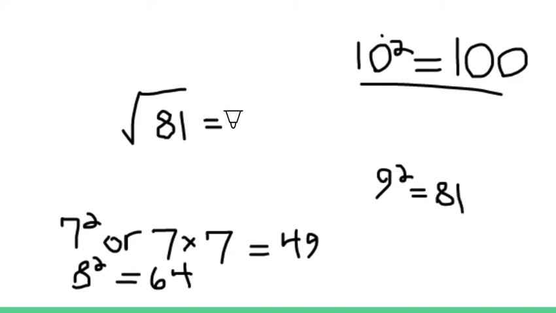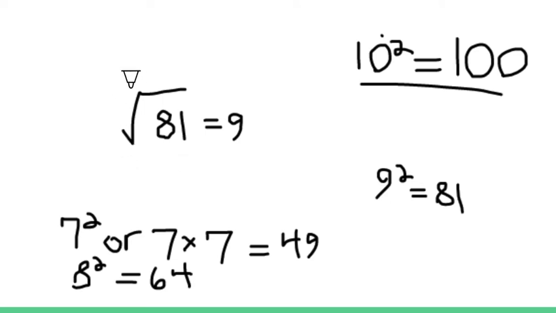You could take numbers with your calculator, multiply them by themselves, and see which number will land on the number that's within the square root symbol. Obviously, calculators do have square root functions as well, but for your own knowledge, to get a greater understanding of square roots... The more complicated square roots you get, you are going to want to use that calculator.